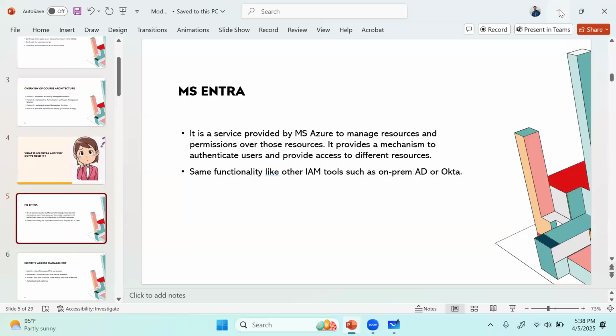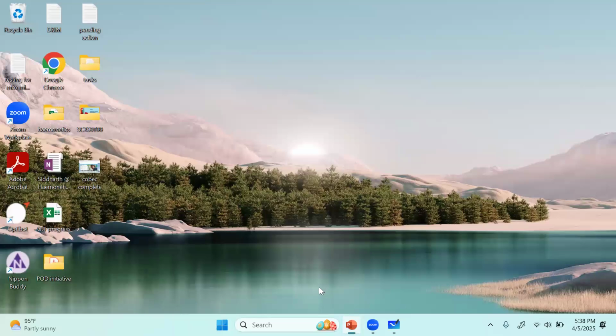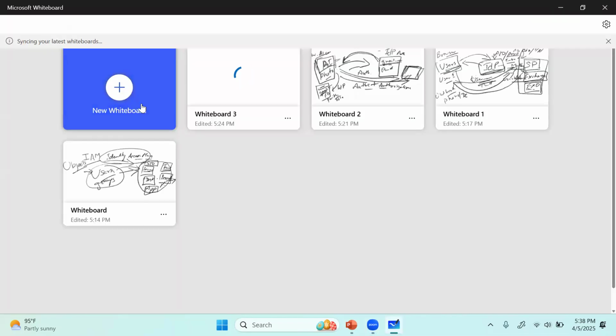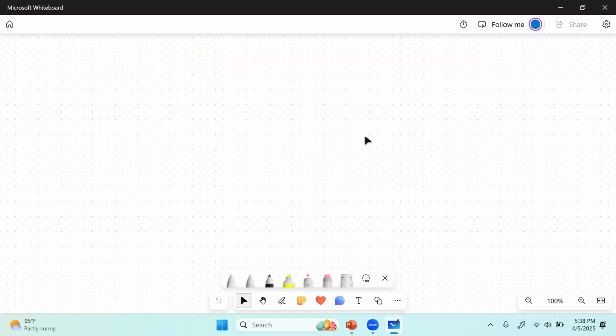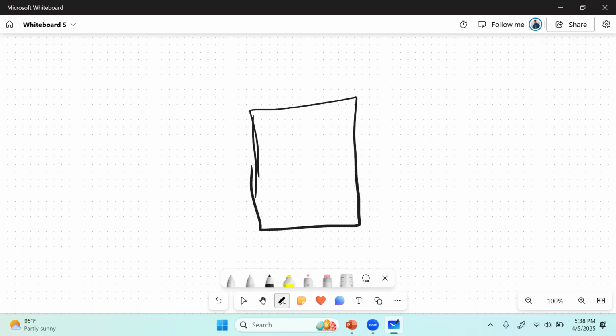Now, I was talking about what identity and access management was. One more important thing, guys. Earlier, before the cloud concept, cloud authentication, Azure, Okta, all of this stuff came a few years ago, maybe around 2010 or 2011. Before that, the traditional method was to set up your own servers on your internal network.